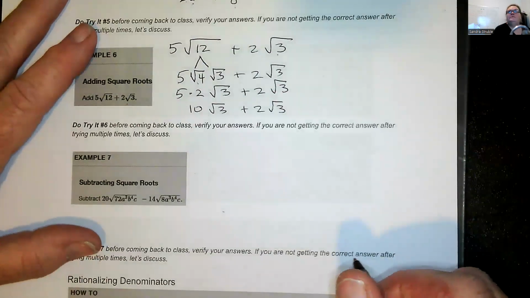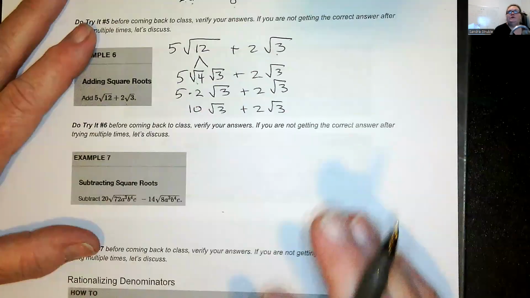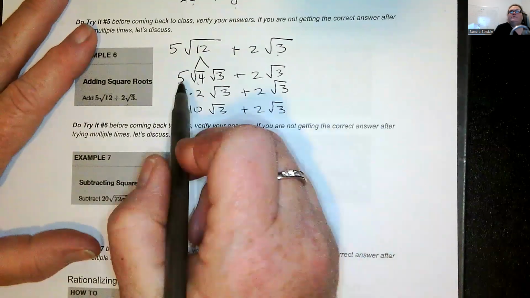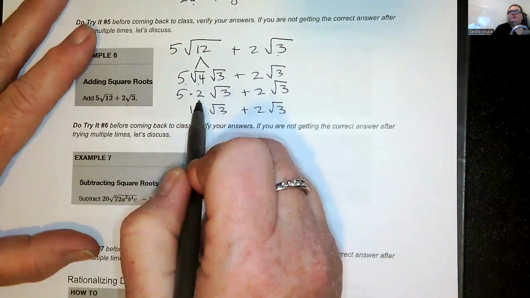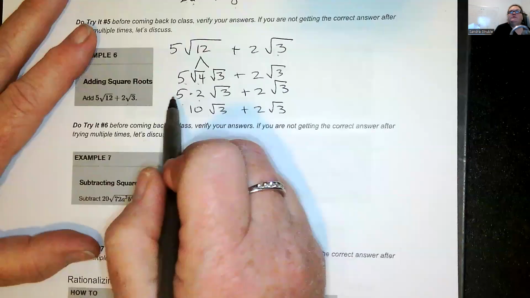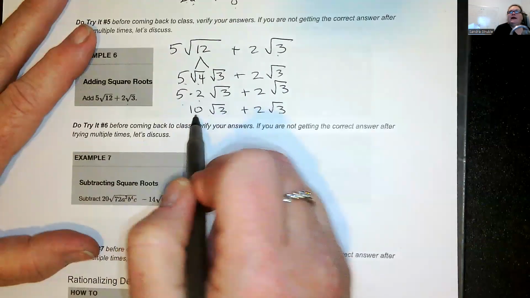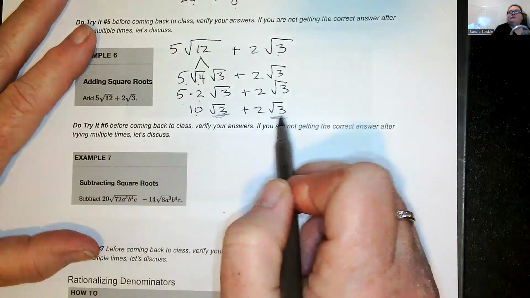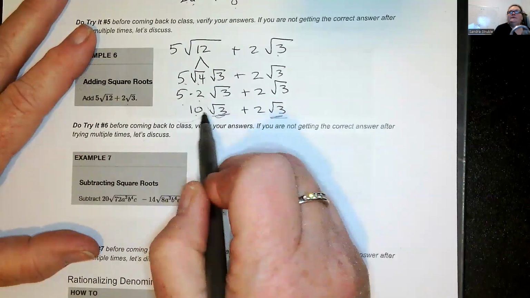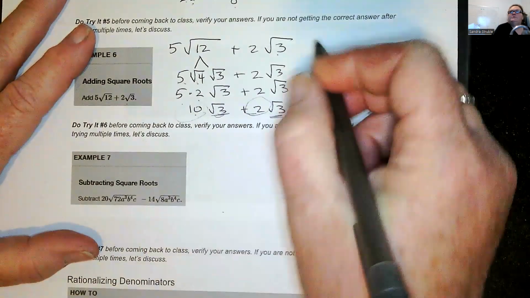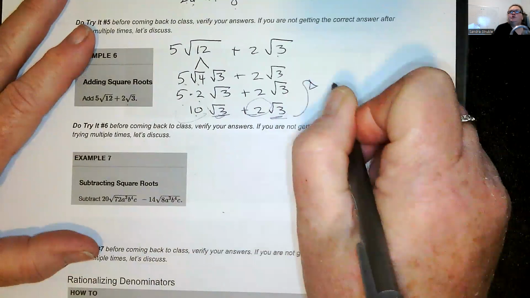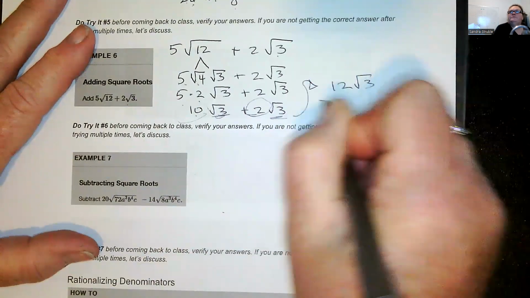That's okay. This is strictly to make sure that I don't lose anyone along the way. Because the square root of 4 becomes 2. Bring down everything else. 5 times 2 is 10. Now that they both have the same square root of 3, I can add the 10 and the 2. So for my final answer, 12 square root of 3.